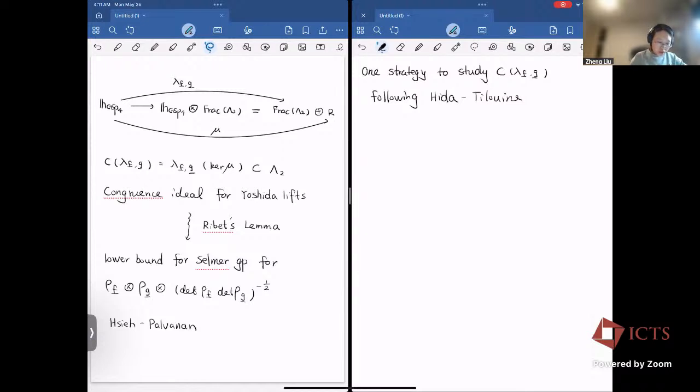So the strategy is we just cook up some integral ordinary family on GSp4.